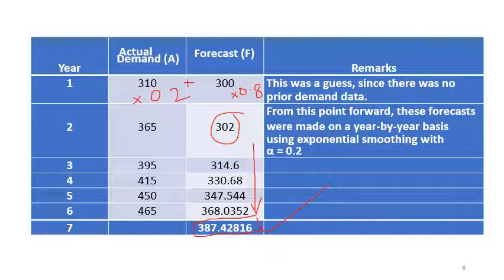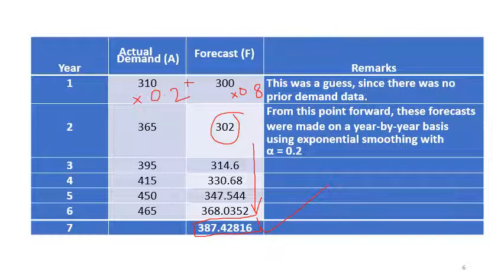Which will be the best possible value of alpha for me? If you want to make a selection, you have to select the method or the alpha value which gives the least error, which means the difference between actual and forecast should be as minimal as possible. The difference should not be huge. Similarly, for two different methods, which one should we choose?